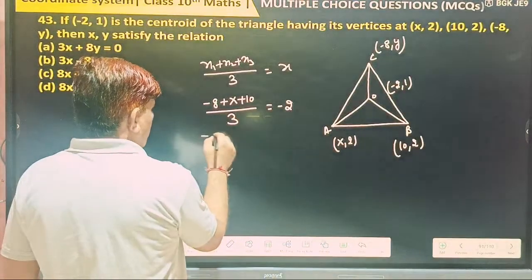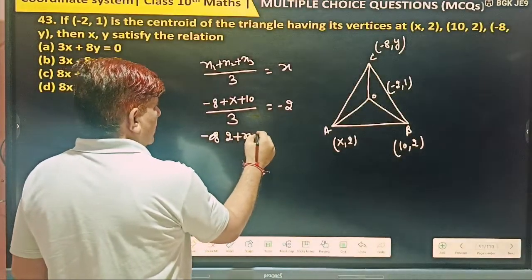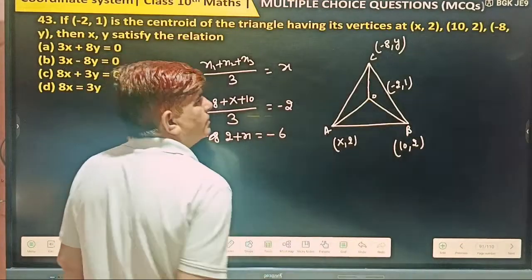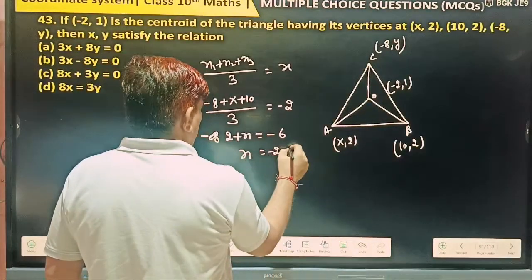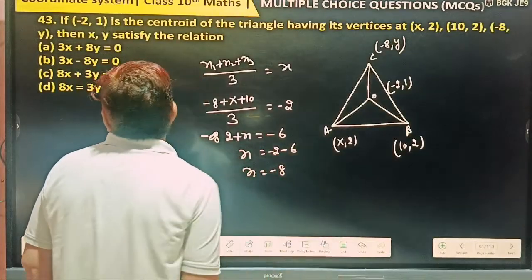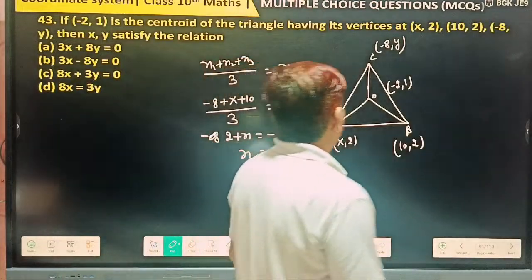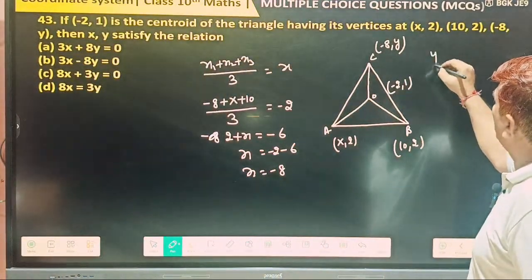So what does it become? Minus 8 plus 2 plus x is equal to minus 6. So x is equal to minus 2 minus 6, x is equal to minus 8. Yes or no? Now find y.